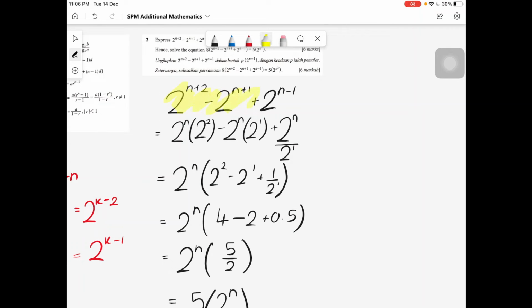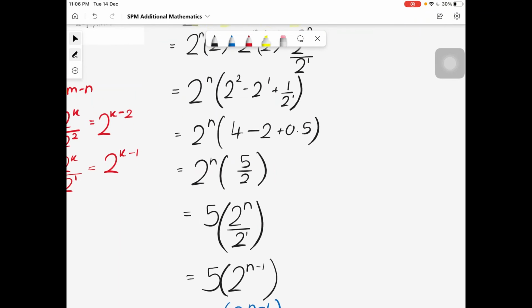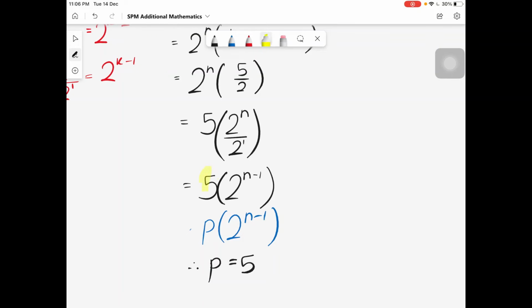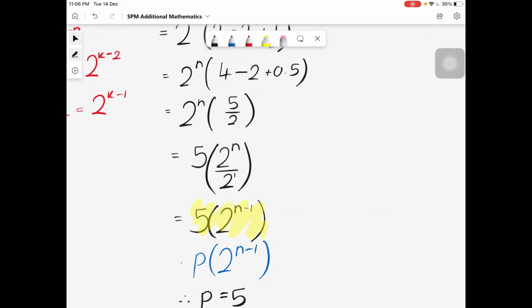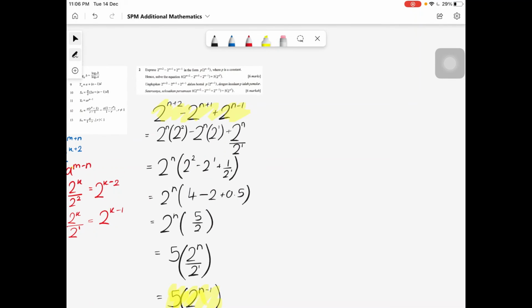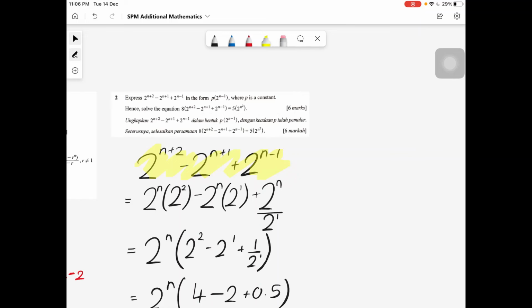So we have 2 power n plus 2 minus 2 power n plus 1 plus 2 power n minus 1, and we have worked so hard to factorize it into this value here. So we have simplified it into this equation here. And if you notice, in this long equation, it's 8 multiplied by this long equation.